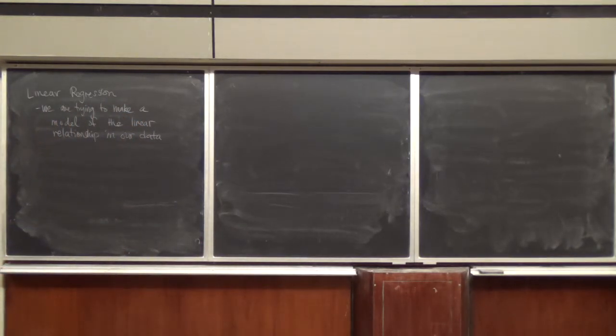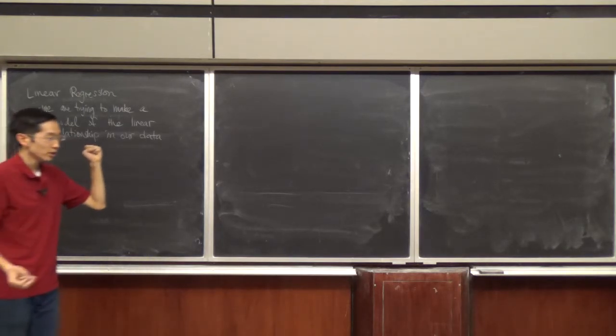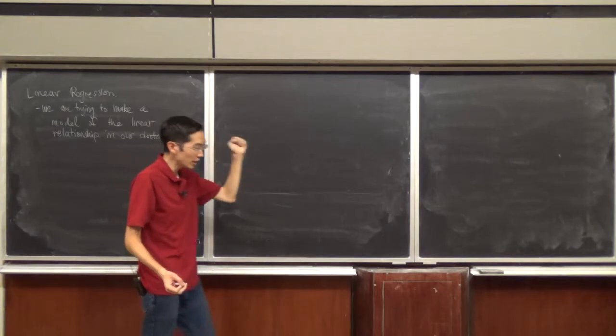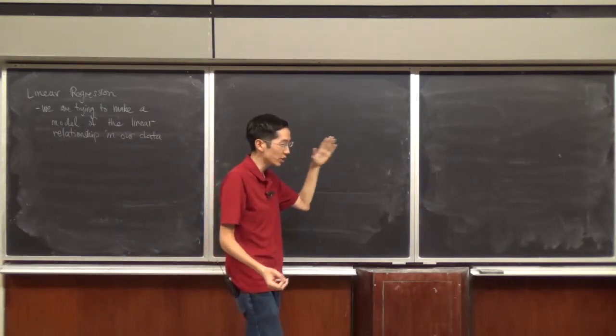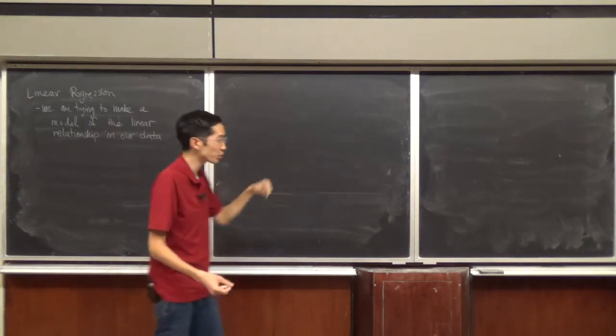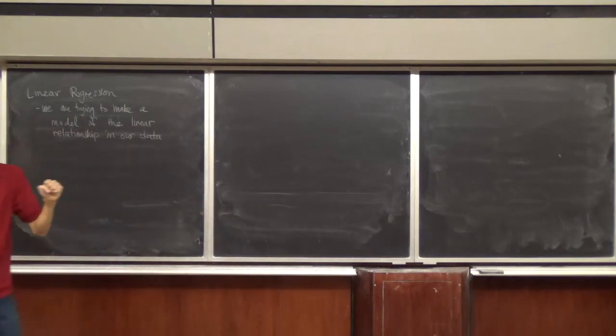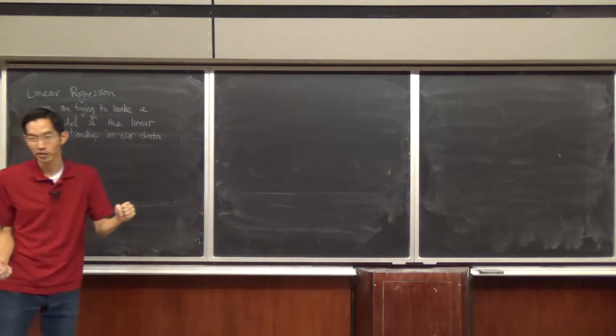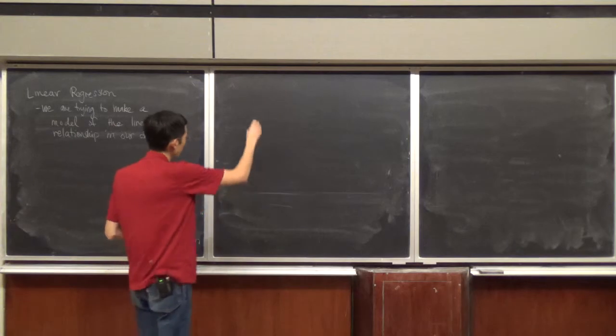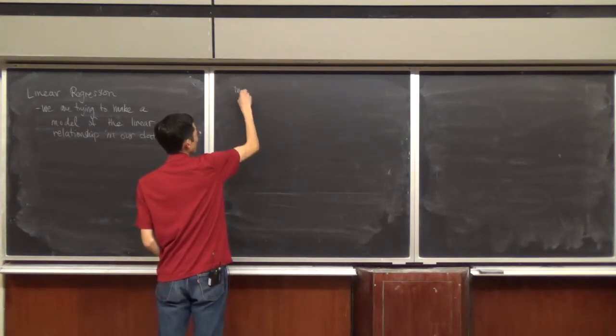So with linear regression, we're trying to make a model of the linear relationship in our data. The line that we're going to make is a straight line, and in algebra, you learned the formula for a straight line was what? Y equals mx plus b.